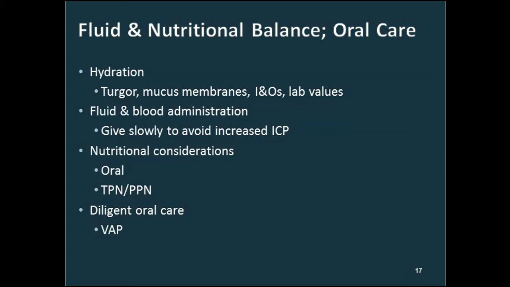Nutritionally, oral is always best. That should always be our first choice. You would never feed a patient, never give them oral intake if you are not sure about their ability to swallow. It is perfectly within your scope of practice to check a gag reflex on a patient.